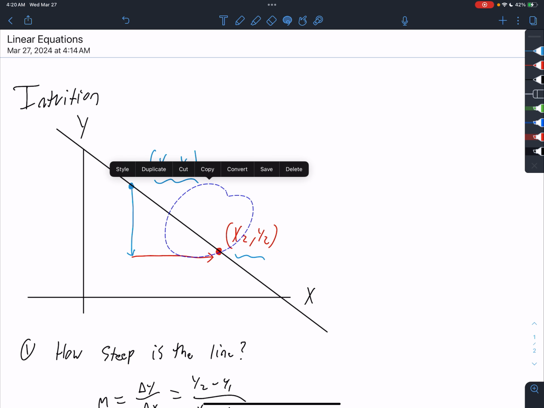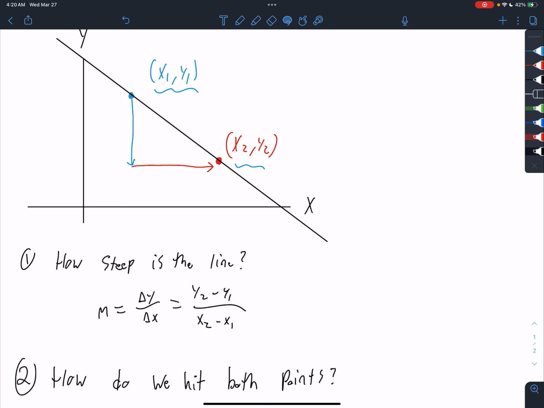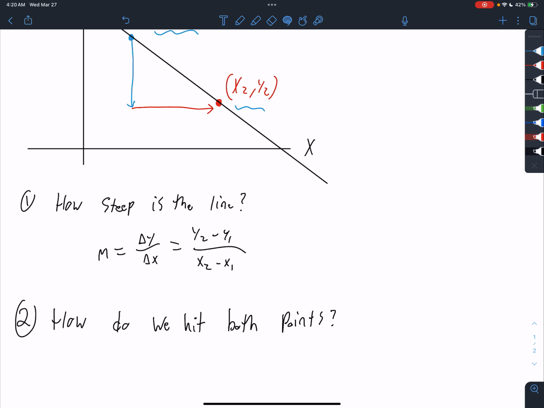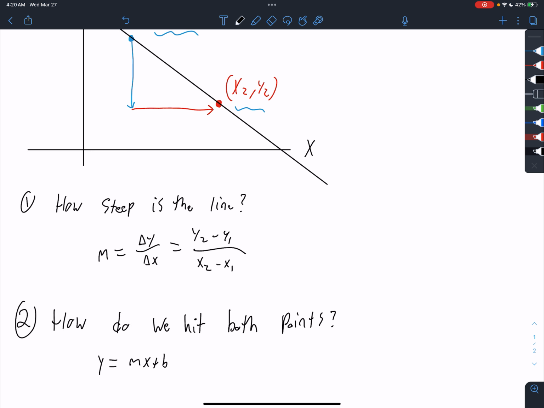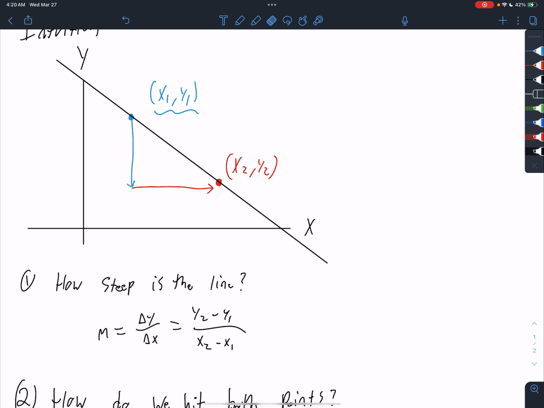So we want to ensure that we're hitting both points. Well, how do we do that? I'm going to cheat a bit. We know that y is equal to mx plus b. So the first thing we're going to say is, I know that we want to hit this point, and we can see that all the lines are unique.